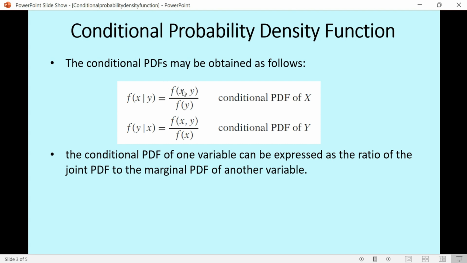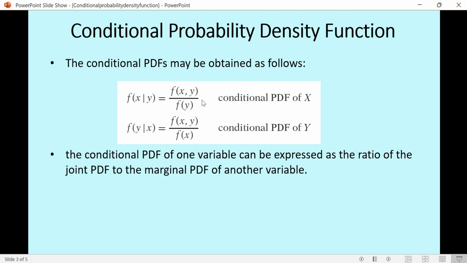Here f(x,y), for discrete random variables X and Y, is the joint probability value for X equals x and Y equals y, and f(y) is the probability that Y equals y. But for continuous variables, we use the density, so the joint probability density divided by the probability density function of y.